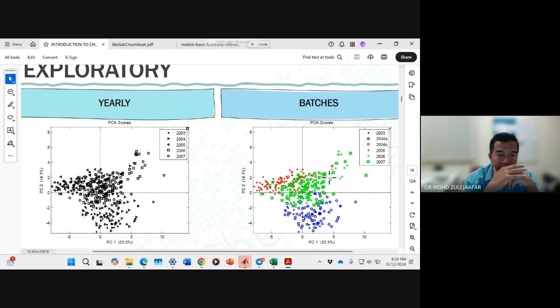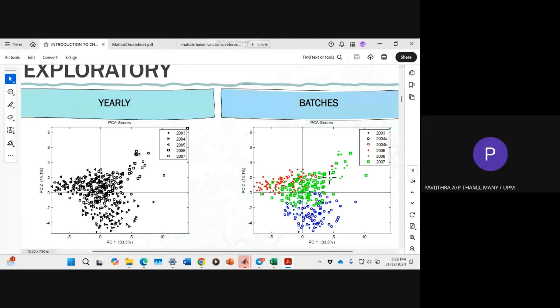Because I had one research a long time ago where I got the spectrum for palm oil and non-palm oil. Before your very eyes, the color and the type of the palm oil and non-palm oil are almost the same, isn't it? But when you run PCA, definitely they are different.